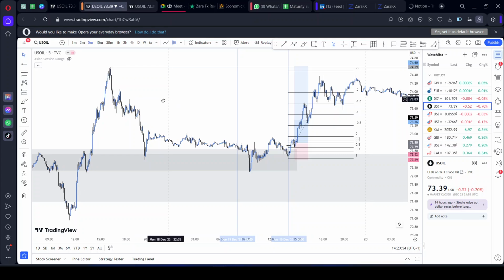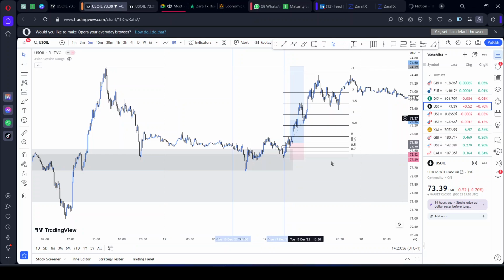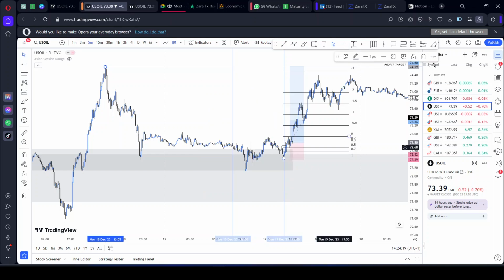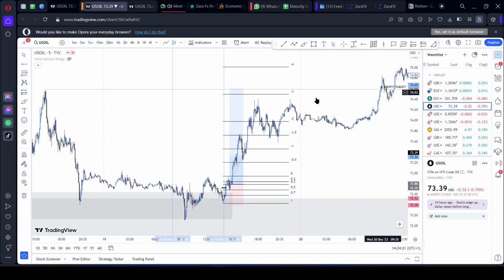So the first thing I did before all of this Fibonacci and the rest was carry this horizontal line and put it on that high so that I'll know where I'm targeting. You can even tag it as usual, call it profit target. So I know that's my profit target there already.